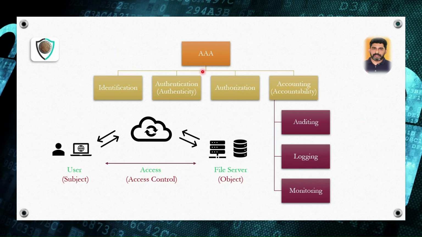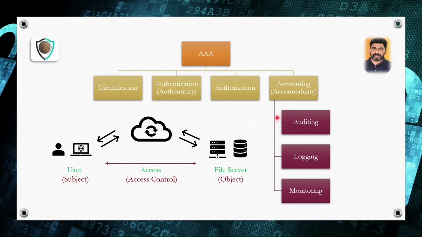So accountability means we have the user, who is a subject, trying to access a file on this particular file server. The activities of the user on this file server have to be tracked, and that is called auditing. The details of the activities of the user have to be captured into a log file, that is called logging.